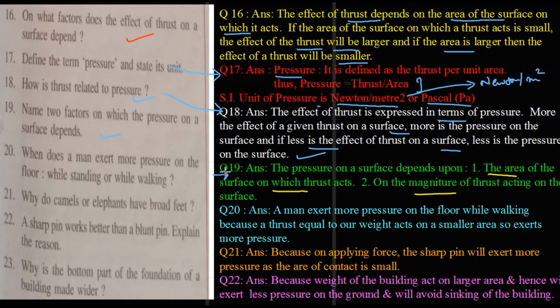Question number 20 is, when does a man exert more pressure on the floor, while standing or while walking? A man exerts more pressure on the floor while walking because thrust equal to our weight acts on a smaller area, so it exerts more pressure.